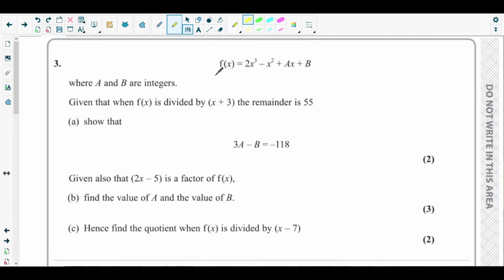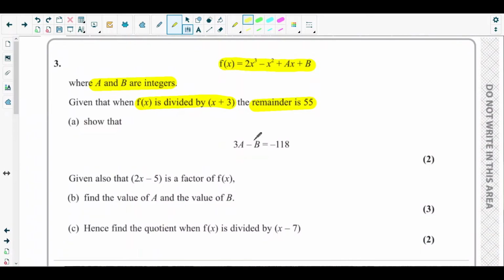Right at the beginning there is a function f of x, which is given as f of x equals 2x cubed minus x squared plus ax plus b, where a and b are integers. Given that when f of x is divided by x plus 3, the remainder is 55.